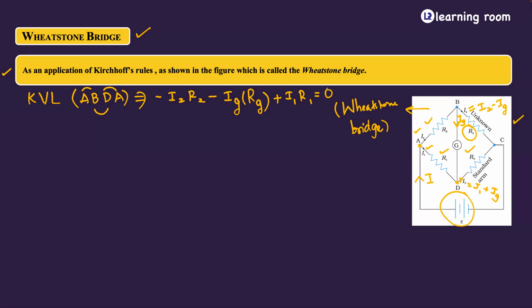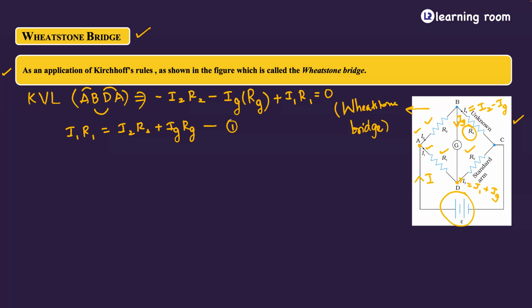Now, if you see, I1 into R1 is equal to I2 into R2 plus Ig into Rg. This is equation 1.